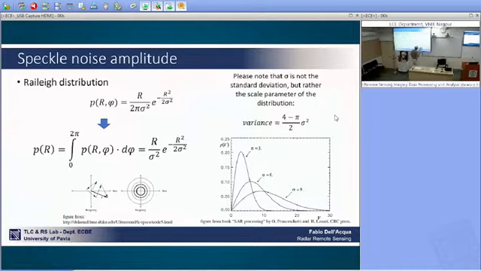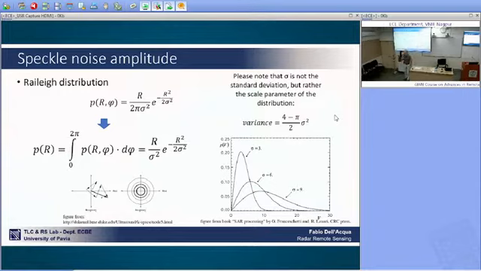Okay, so you know what a PDF is. Okay, so I have a random phenomenon, and I can theoretically derive its PDF, and this PDF contains the information I'm seeking.